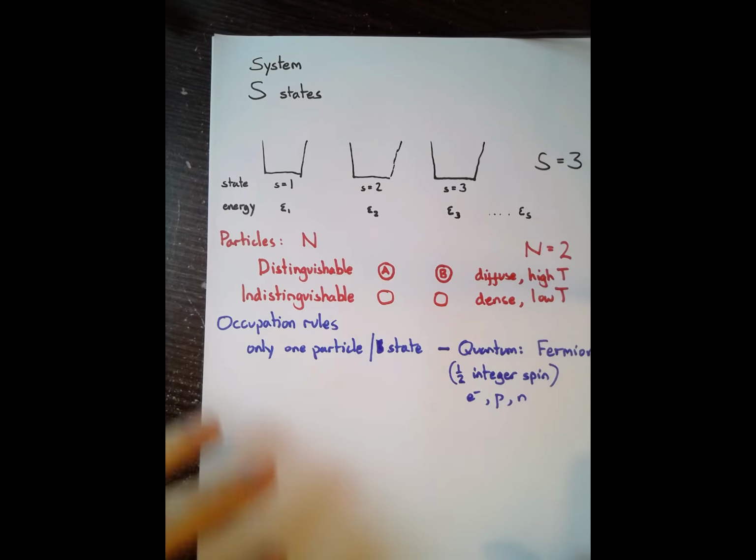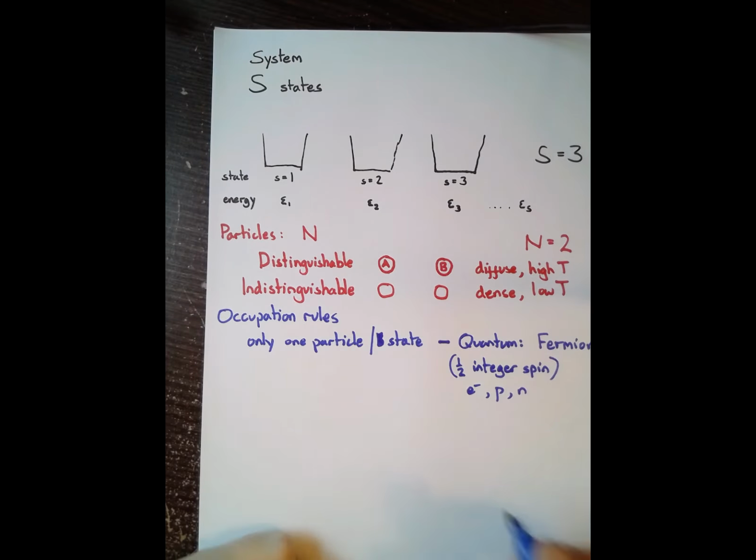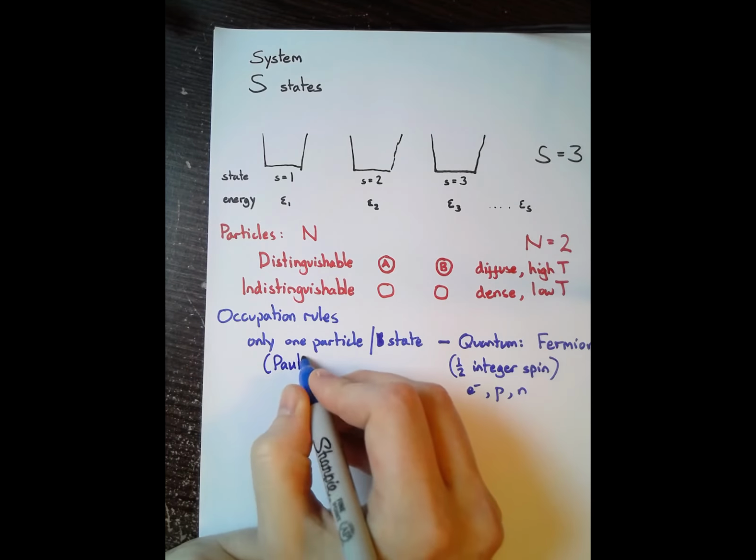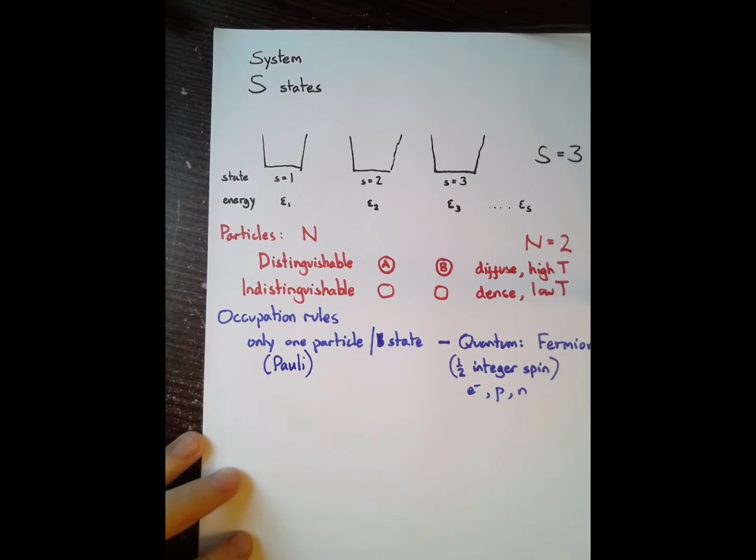This rule is called the Pauli exclusion principle, and is responsible for all of chemistry. It is the reason why electrons fill up orbitals like they do.